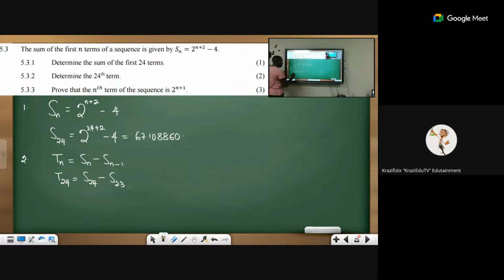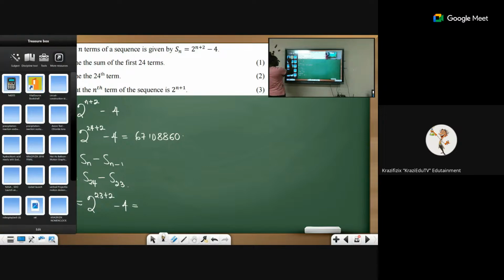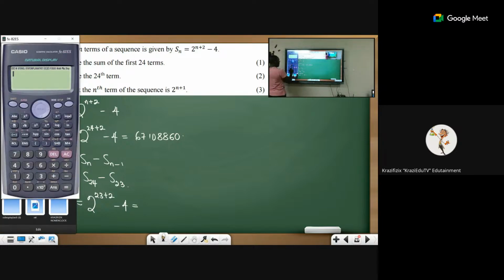Let's look for S23 quickly. What is that? 2 to the power 23 plus 2 minus 4. This is just the easiest way to accommodate everybody. 2 to the power 25 minus 4.